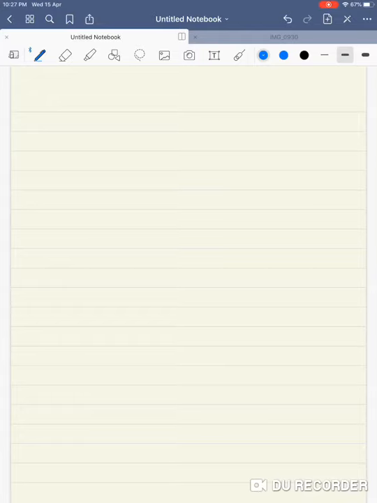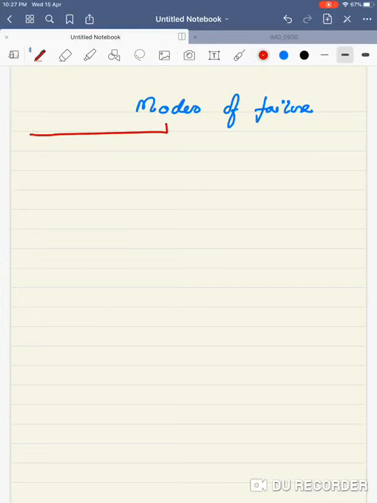So when it comes to modes of failure, there are many different ways in which a material can fail. For example, of course, you can have yielding. There's a little bit of plastic behavior that the material is encountering.